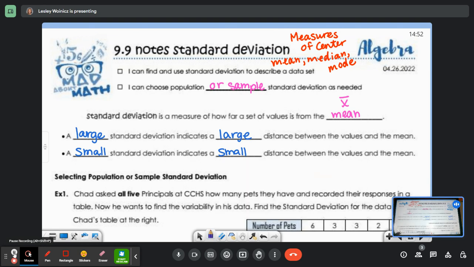We now also have 3 measures of spread. Not jam. Oops. Okay, so the measures of spread are range, the IQR, and now standard deviation.